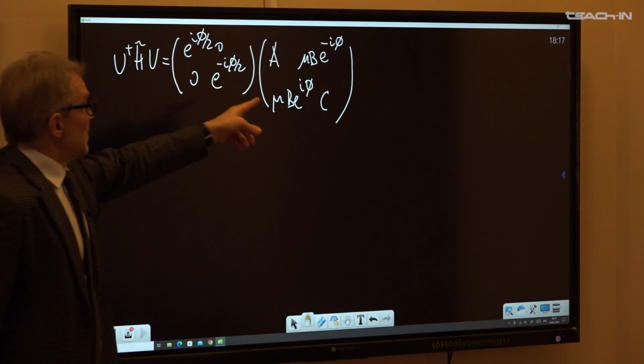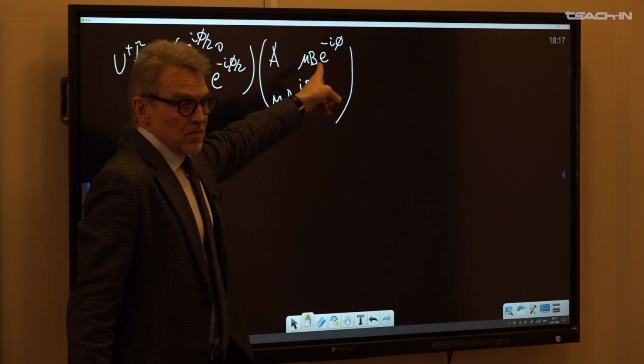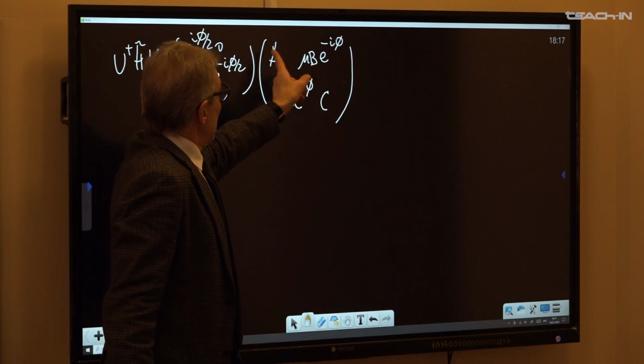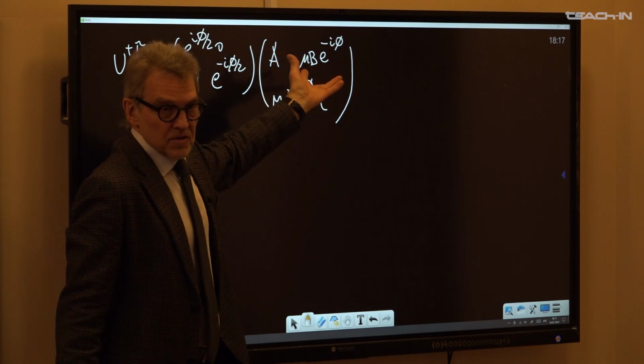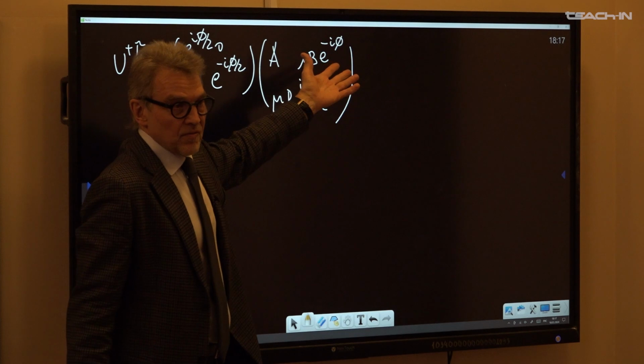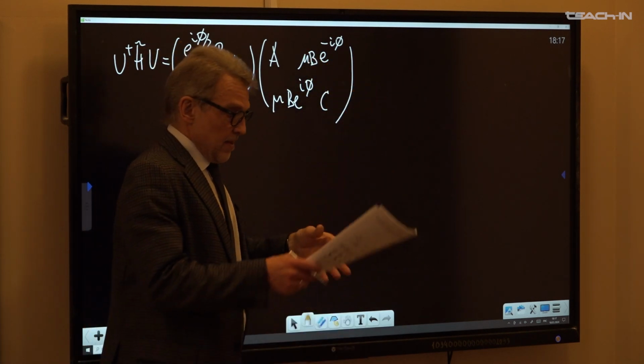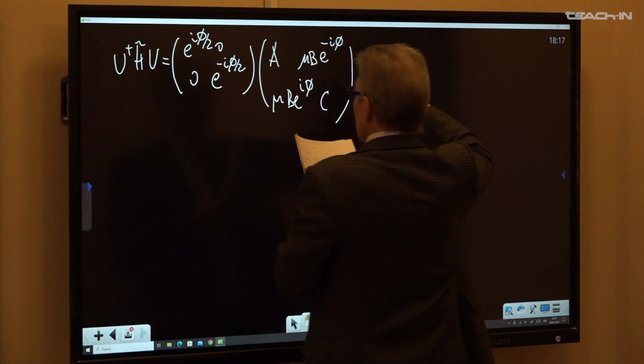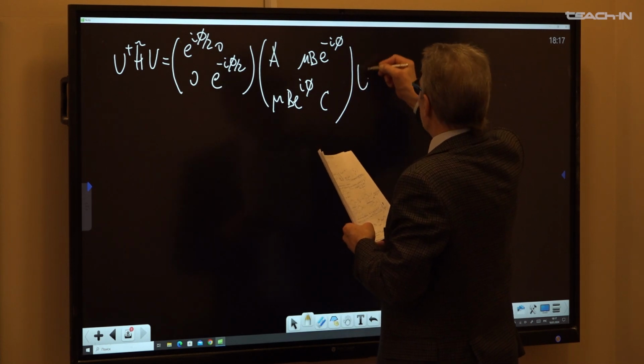This is the magnetic moment, A and C, the corresponding terms, that don't depend on phi. And here we put U.